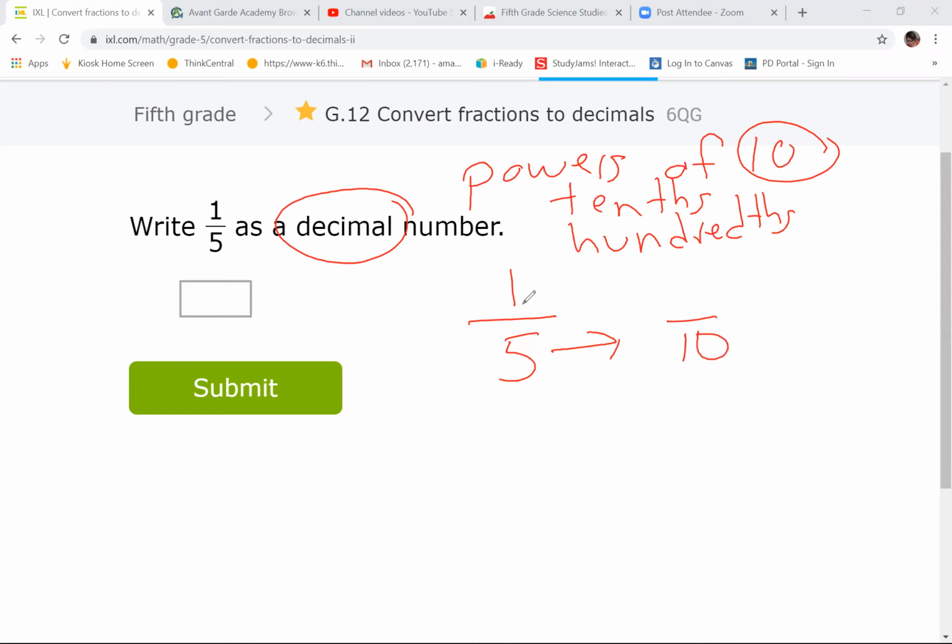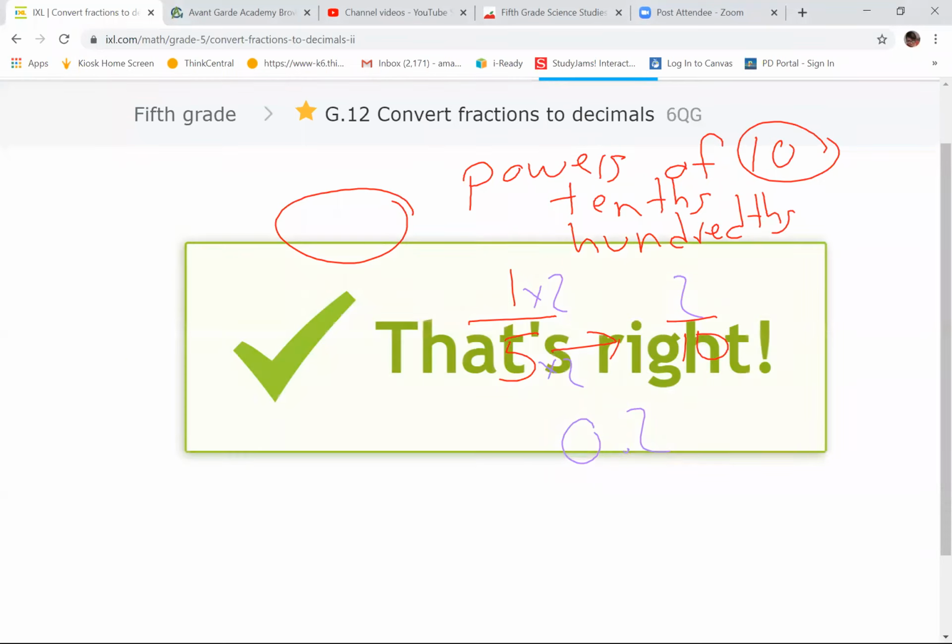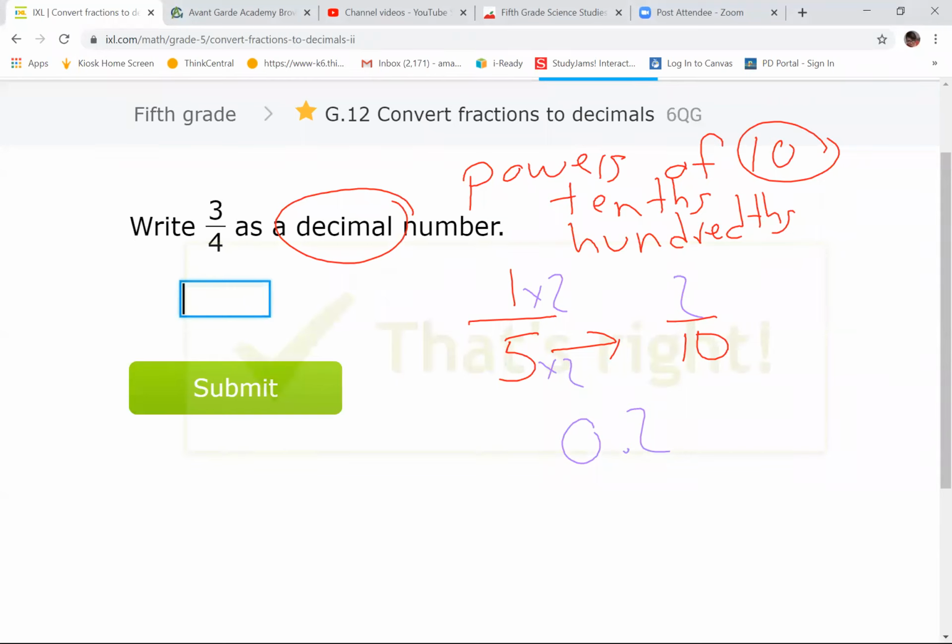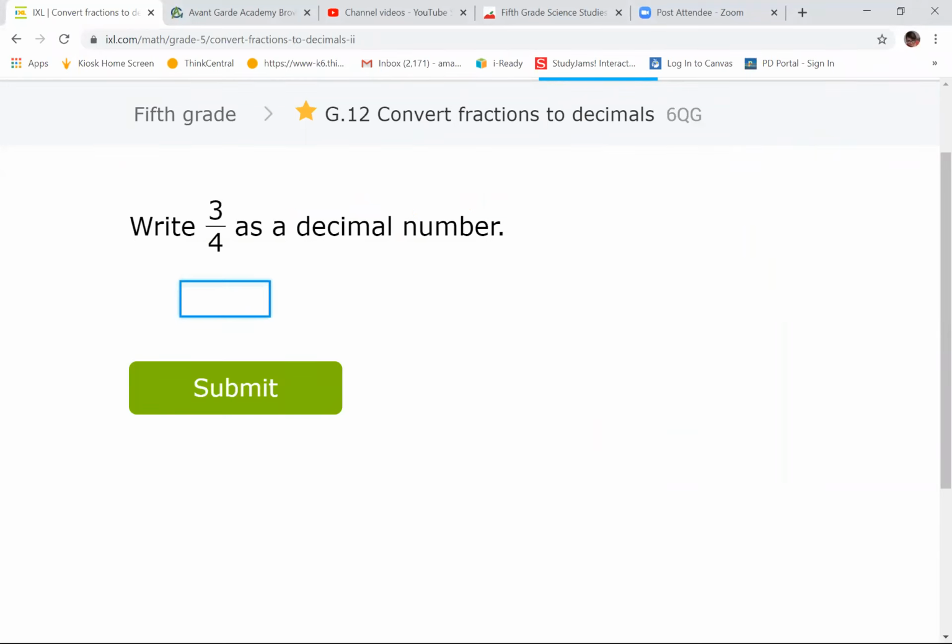Well, how do I turn 5 into a 10? Well, it's easy. And then that's easy. 2 tenths. So it looks like this. 2 tenths, 1/5 is the same as 2 tenths. That's right.